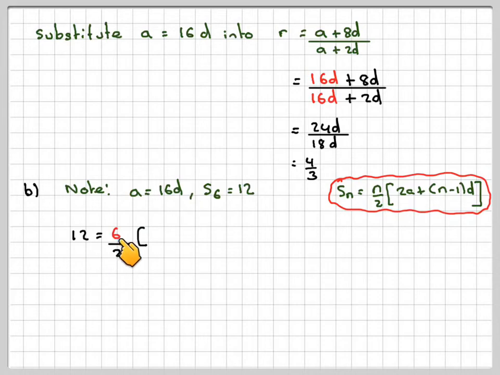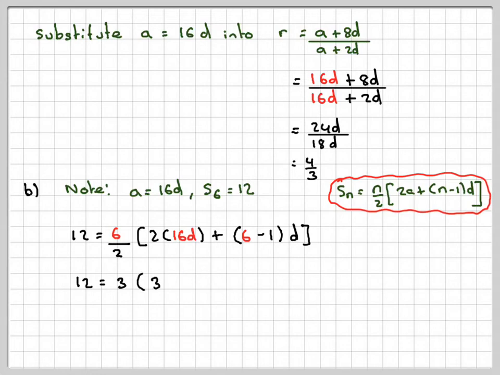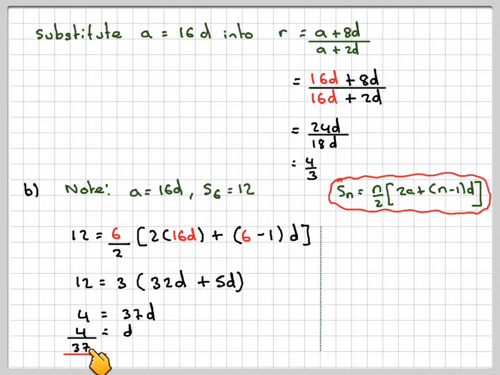Therefore, we can say that 12 is 6 over 2 times 2 times my a, which is 16d, plus 6 minus 1 times my d. So this will allow me to find the common difference. It's going to give me 12 is equal to 3 times 32d plus 5d. Dividing through by 3, we get that 4 is equal to 37d, and therefore the common difference is going to be 4 over 37.